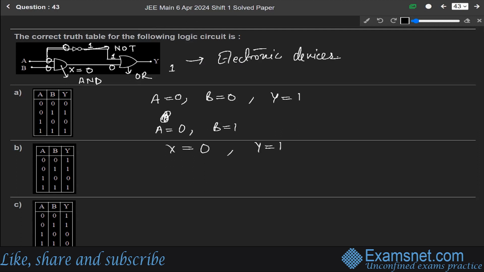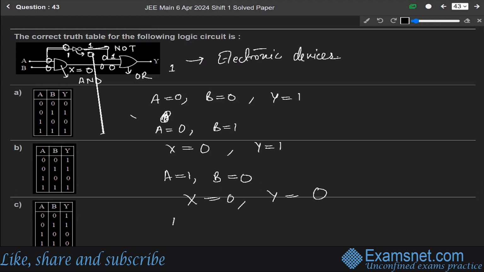Now if we put A equal to 1 and B equal to 0, then X will become again 0. And in that case, if A is 1, this is a NOT gate, so it will become 0. So 0 and 0, it is an OR gate, so Y will become 0.